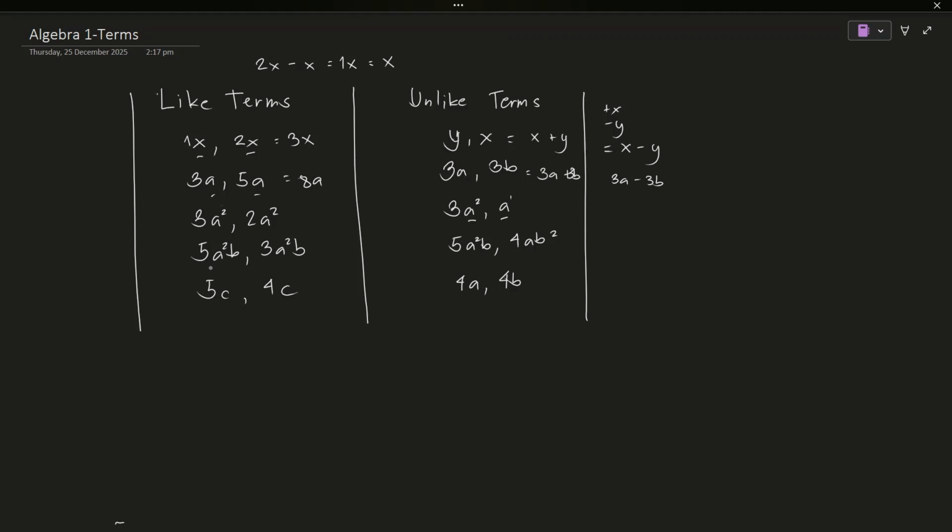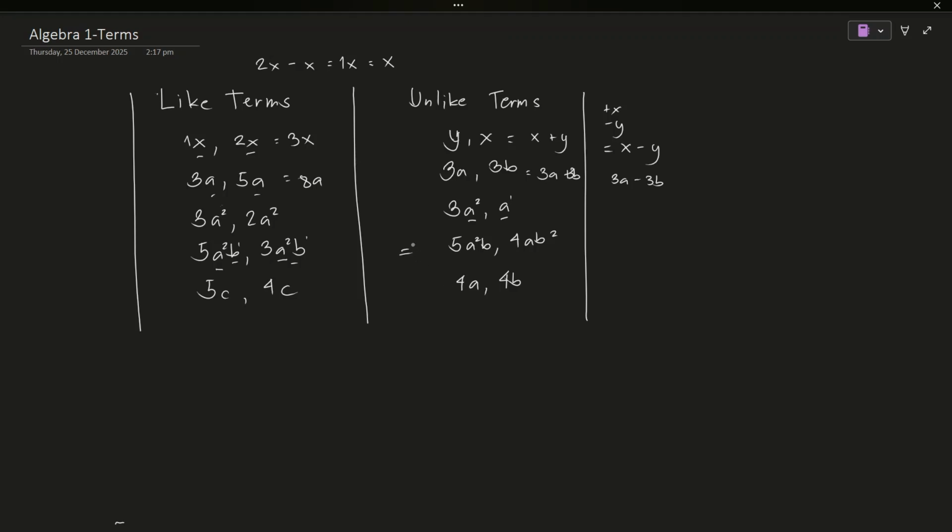Okay? So another example, unlike terms, we have 5a squared b and 3a squared b. On a, they have the same exponent, which is squared, and for b, they also have the same exponent, which is 1.